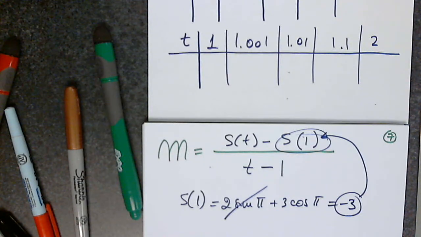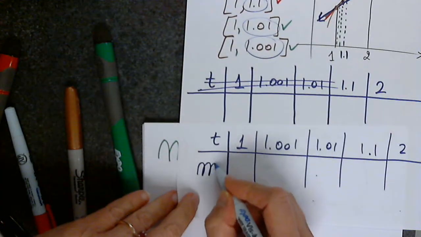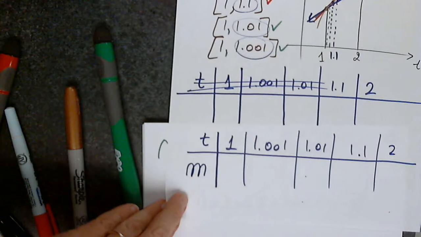So 2, enter. 1.1, enter. 1.01, enter. 1.001, enter. So that's the m. That's why I left it open.